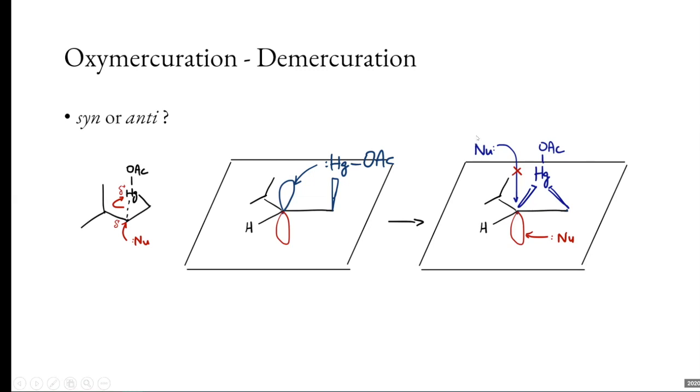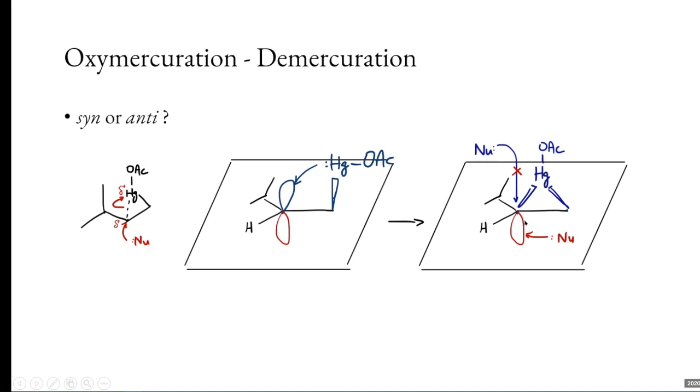So if the nucleophile wants to attack here, it's going to have a bad time, because sometimes nucleophiles are quite big, and they cannot fit into this hole. So it can only attack from the other side, which is not blocked at all.